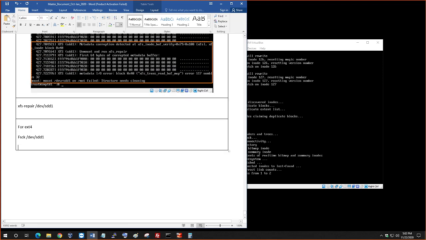Just hang on a minute. fsck stands for file system check. Okay, that's it. That is nothing else. If you remember your old DOS command, check disk and all that, this is what it is.